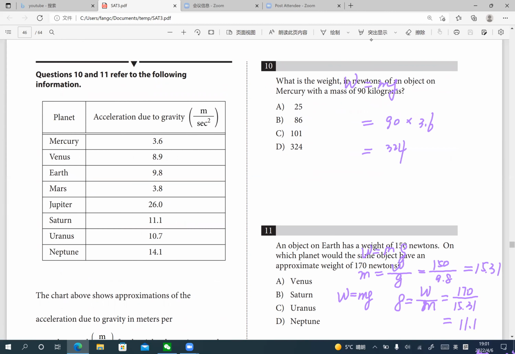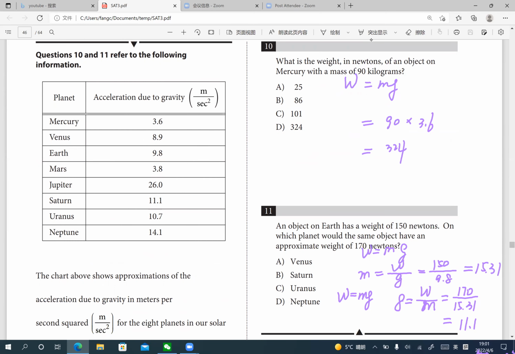So first, question 10. What is the weight in newtons of an object on Mercury with a mass of 90 kilograms? We need to use the formula given by the question. W equals mg. And m is 90 kilograms in question 10.